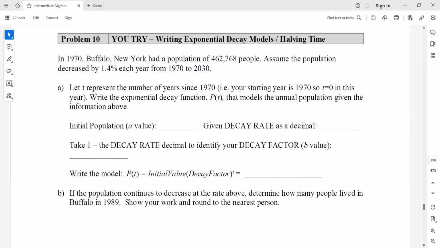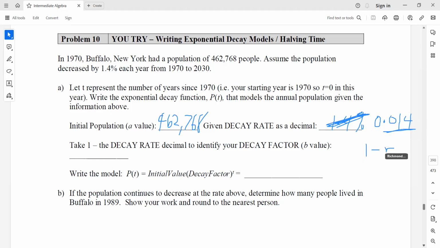Okay, now what is the initial population? It's 462,768. What is the decay rate? The decay rate is 1.4%, as a decimal, which will be 0.014. Now determine the growth factor. Remember, it's 1 minus r.